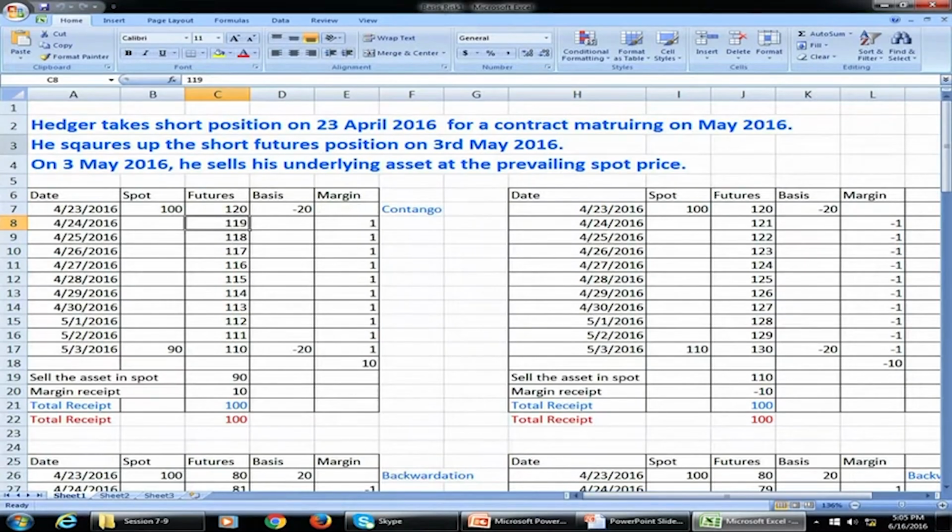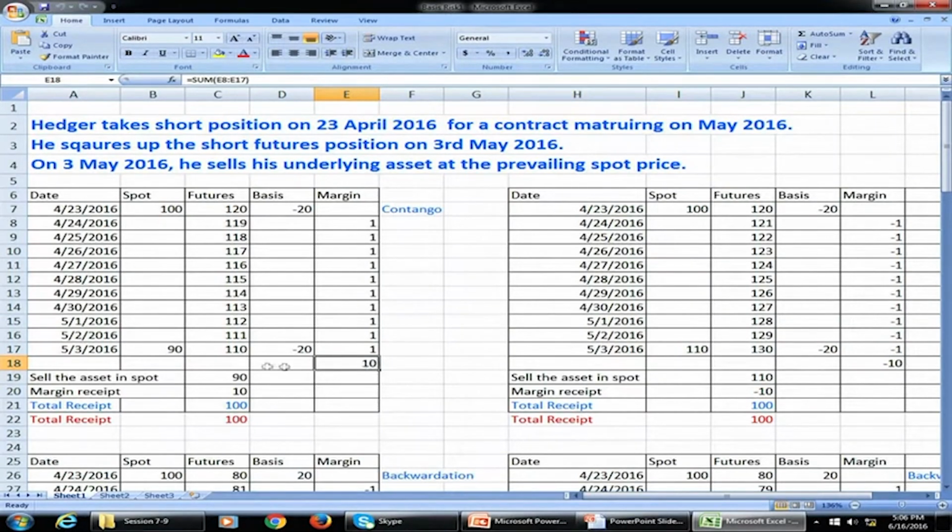His mark to market gain, or margin receipt, is 1 rupee. Similarly, all these days the futures price goes down by 1 rupee, so every day he gets 1 rupee. At the end, on 3rd May, the net benefit on account of margin receipts is 10 rupees.